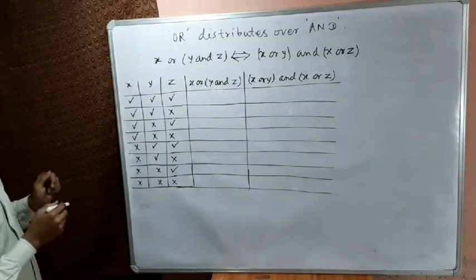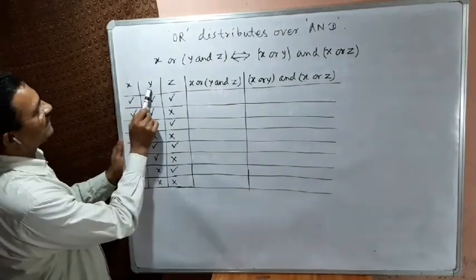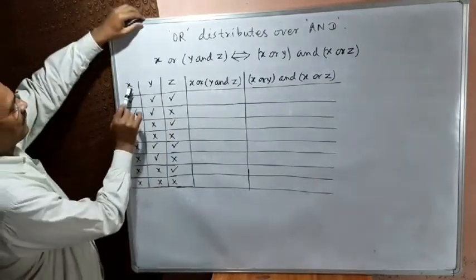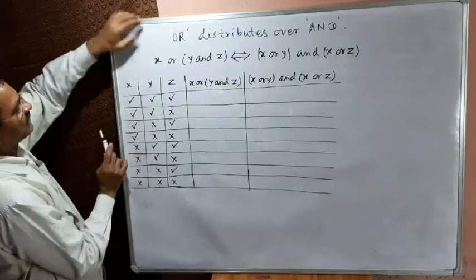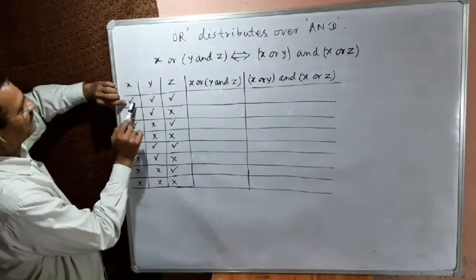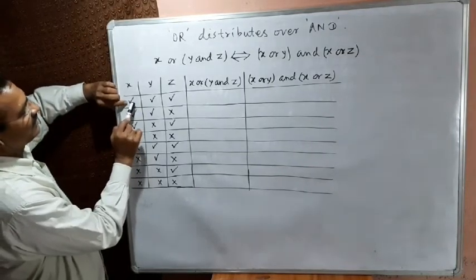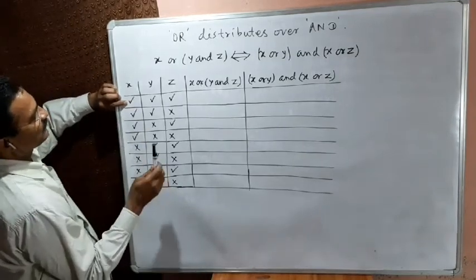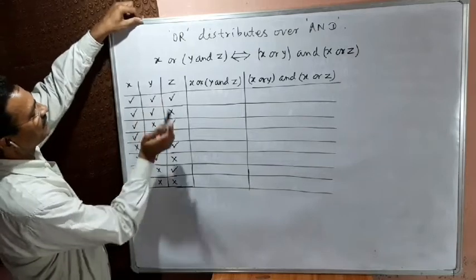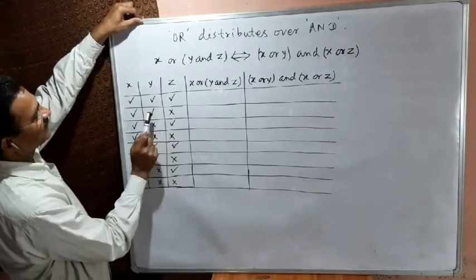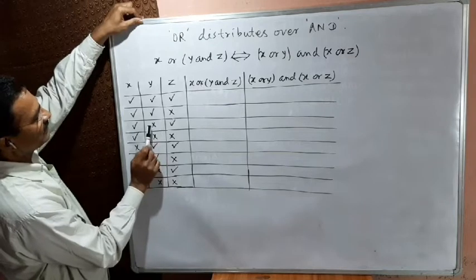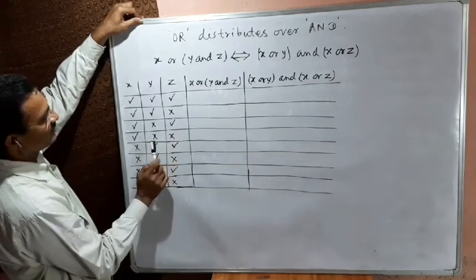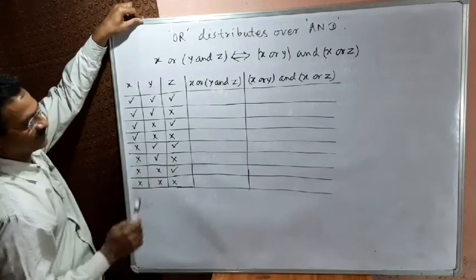So you can understand X has 2 situations, Y has 2 situations, Z has 2 situations. Therefore, for any one situation of X, for instance, take X is correct, meaning X happens, there may be 4 situations due to Y and Z. Both happen, this happens and this does not, this does not and this happens, both do not happen.